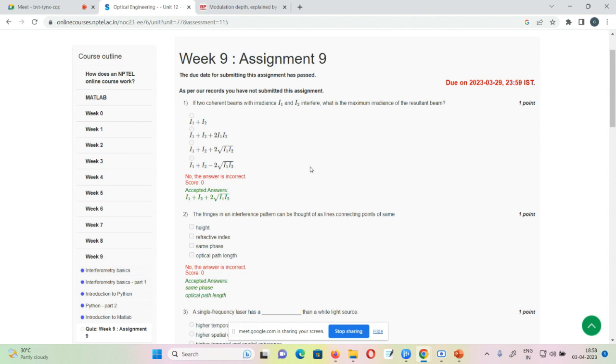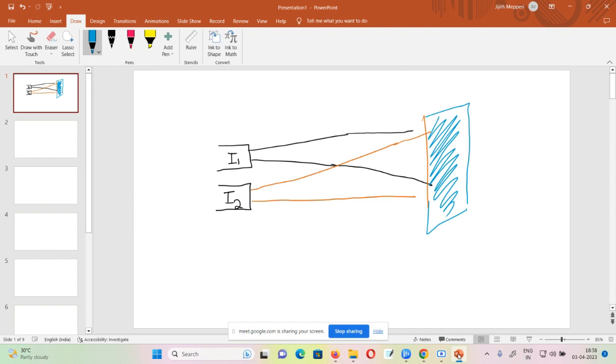Similarly, we detect light as intensity because it comes as a complex electric field. So we have to understand how these fields get interfered. A light source produces a complex amplitude.